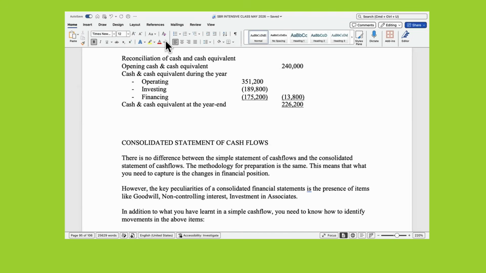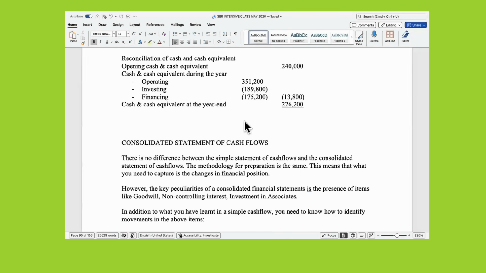That is also what we have in the single cash flow, except the group, where we have NCI and other activities that concern associates. I think that's the only difference. Every other thing, they are the same. Okay. All right, no problem.